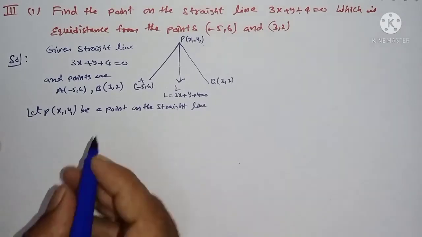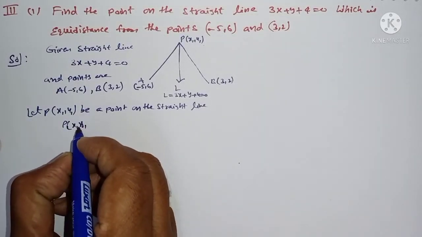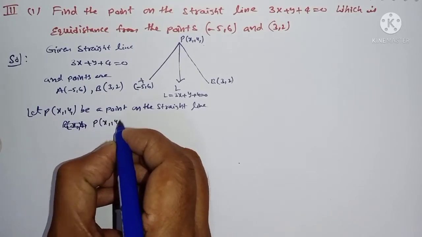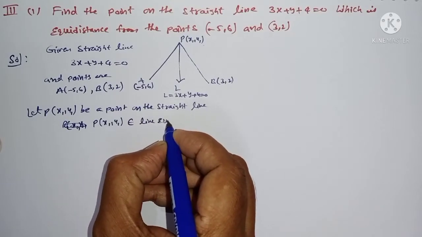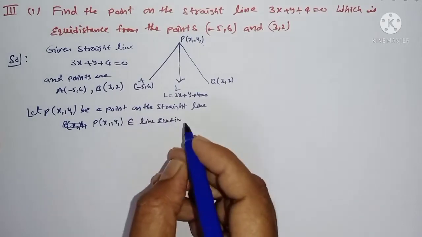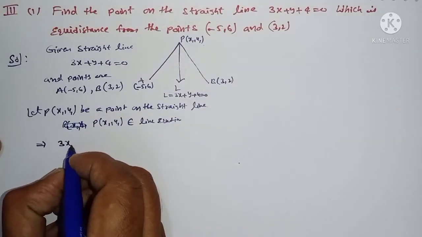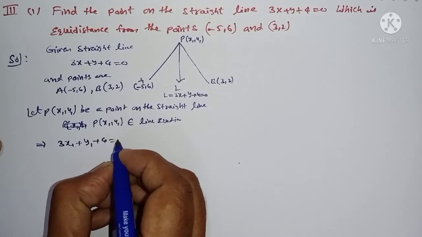Therefore P(x1, y1) belongs to the line equation, so I can write 3x1 + y1 + 4 = 0.